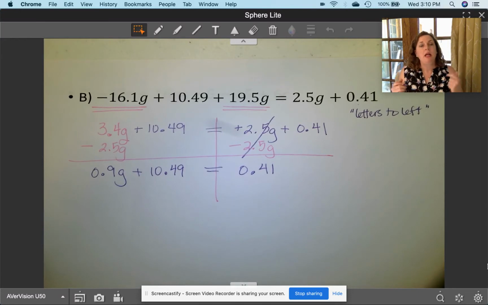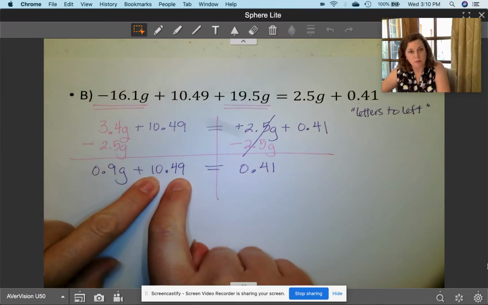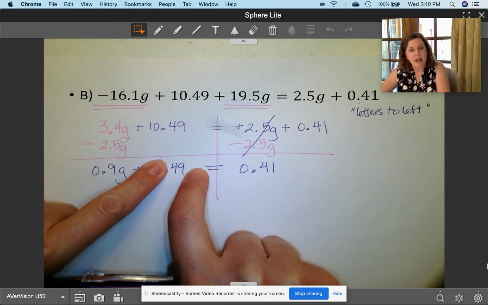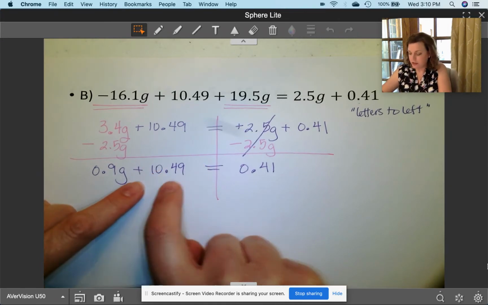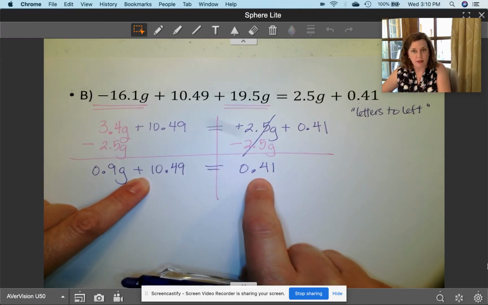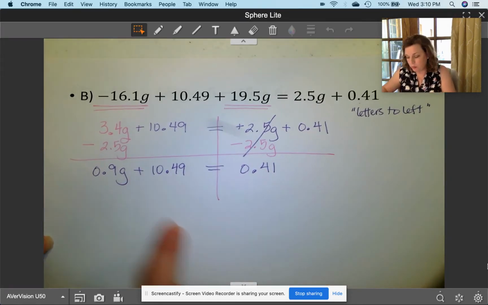All right, now here is a regular old number. This is not an integer. This is a rational number, rational fractional number. You can see it's got that little fractional decimal there. Those are fractions. So I need to take this rational number and combine it with his friend over here. So again, we want to move it to the other side, so we need to do the opposite.